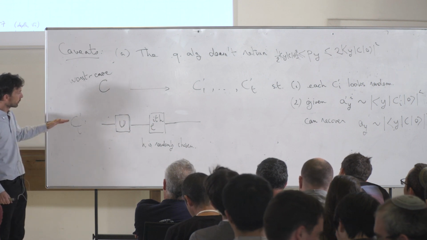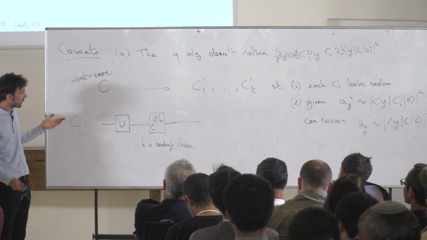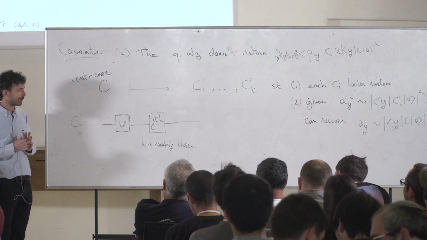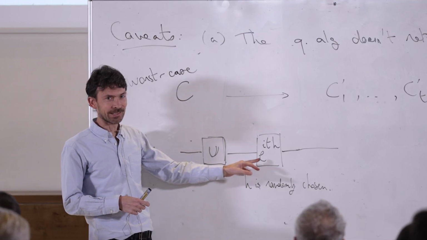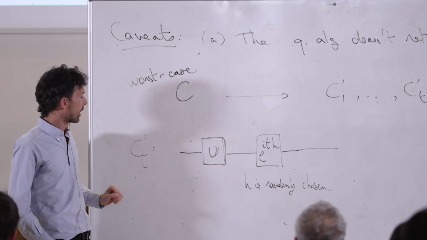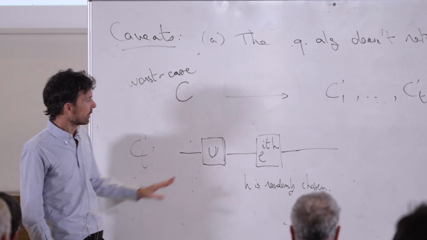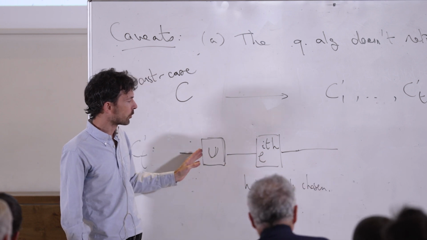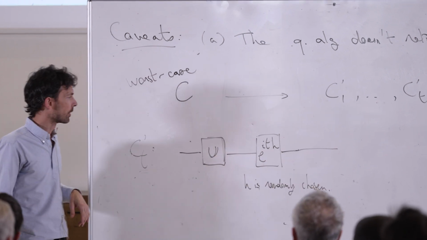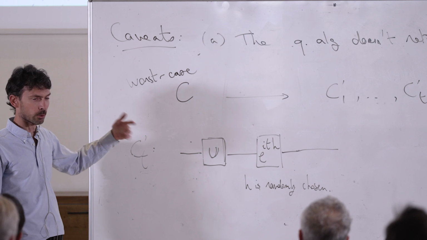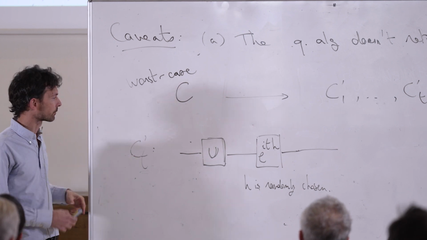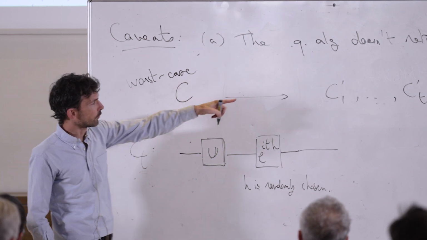So C prime 1, C prime 2, in fact C prime t for any t that's not 0. If t is 0, this is the identity gate, I get C, and that's not random. But any t that's positive is going to absorb the U, and overall I have something that looks random. Particularly for t equals 1, 2, 3, I get random circuits. So I have the first property.